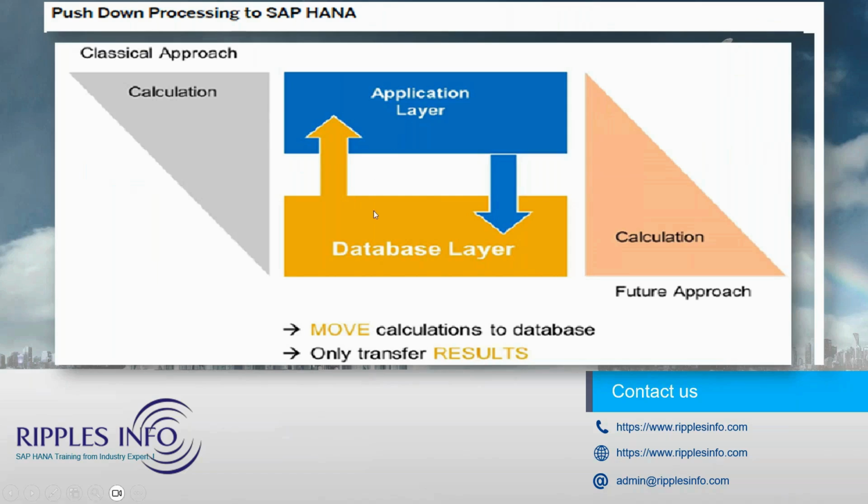But now, because the database has highly advanced processing capabilities, all these data intensive calculations are pushed down to the database. So the data processing happens at the database layer itself. Imagine in such cases, the network traffic between the database and the application server drastically comes down.